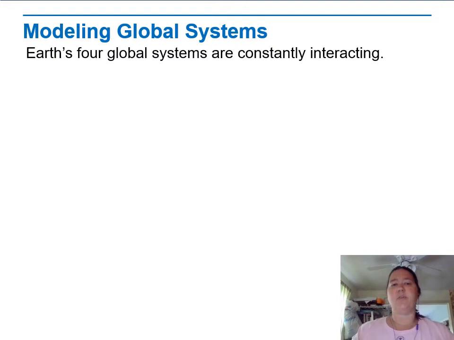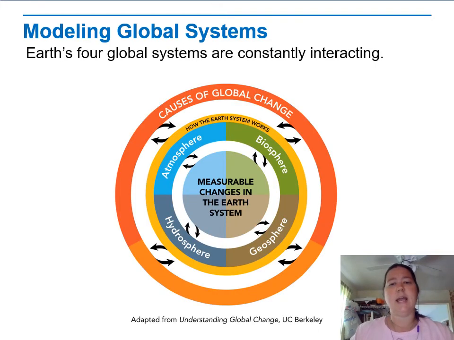Scientists have broken the Earth down into 4 systems, and you've probably heard a lot of these words before. I know you've heard 2 of them, at least from me already. These 4 systems are interacting, and they are what actually builds the entire world. We've got the biosphere, which we've talked about, the life sphere, so all the life.